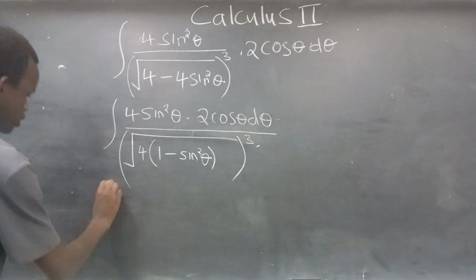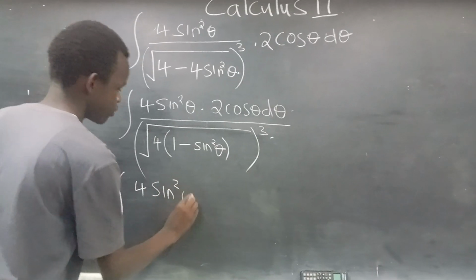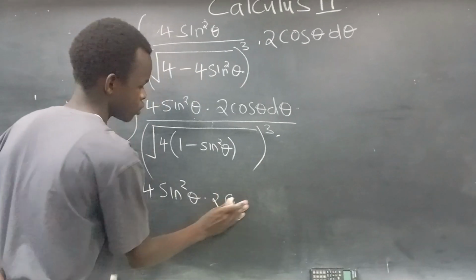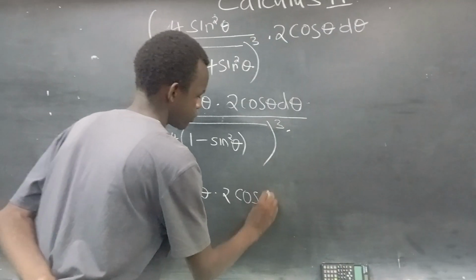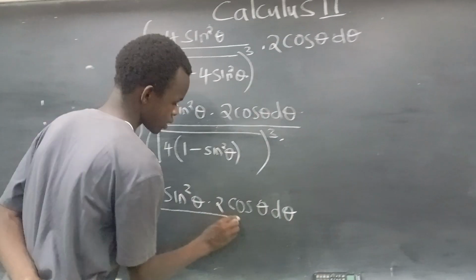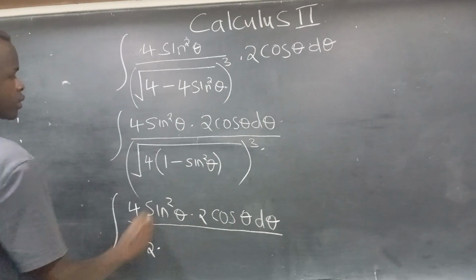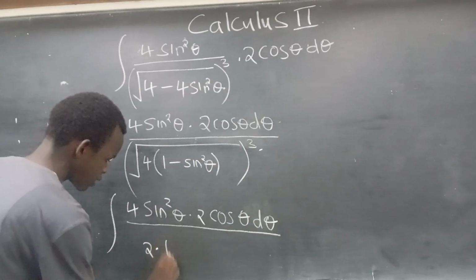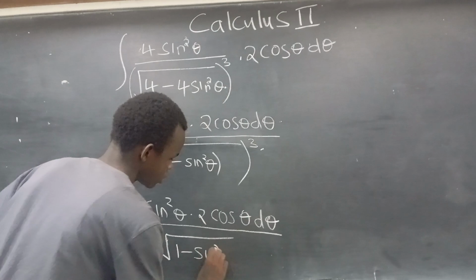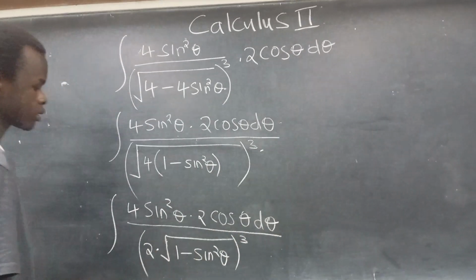So I'll get the integral of 4 sine squared of theta multiplied by 2 cos of theta d theta, divided by the square root of 4 is 2, so it's 2 multiplied by the square root of 1 minus sine squared of theta, but the whole thing is being cubed.